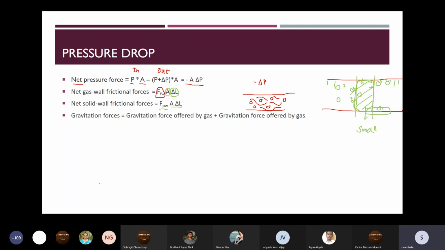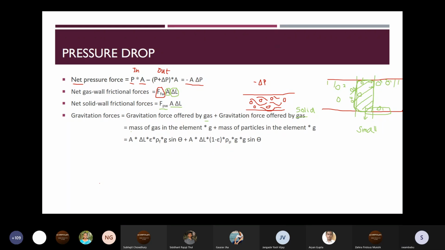And the gravitational force is the gravitational force offered by the gas plus the gravitational force offered by the solid, because within this element we have gas and we have solid. The net gravitational force will be the sum of the two. Gravitational force is nothing but m into g.